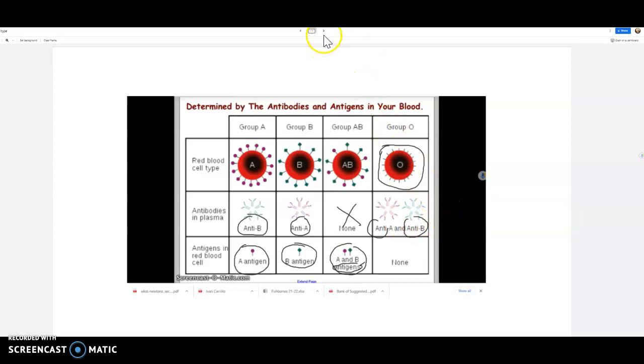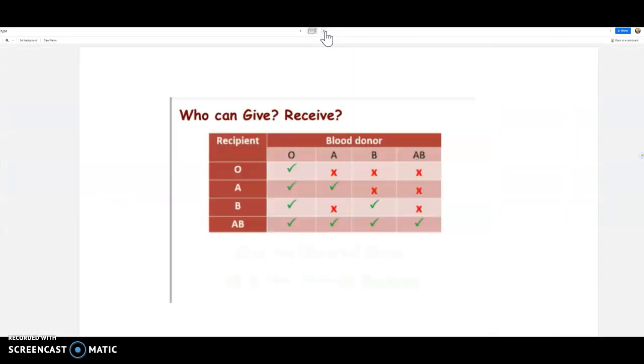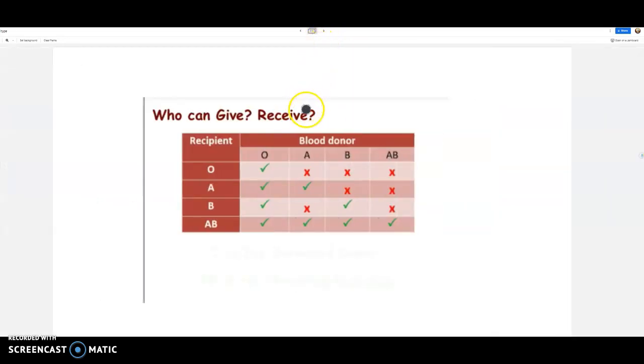Now let's look at this, because whenever we give a blood transfusion, we specifically look for the blood group.